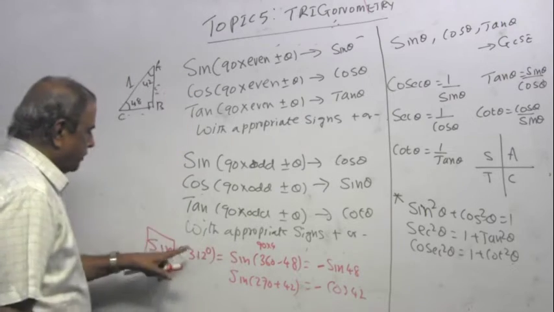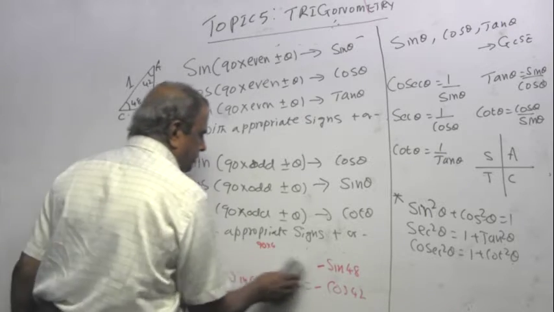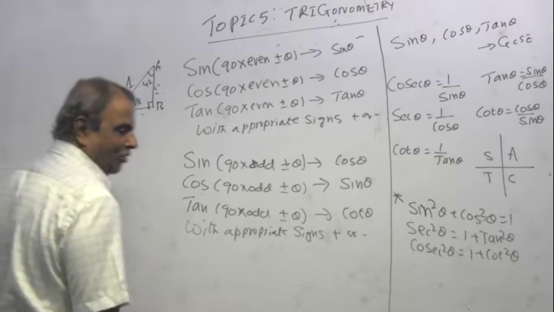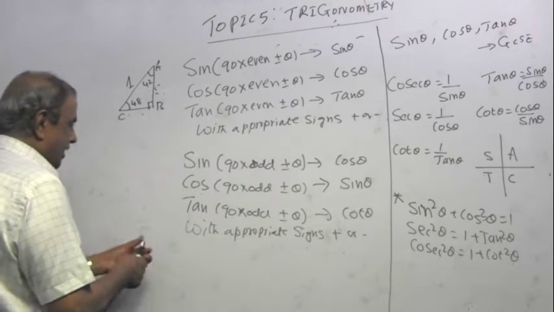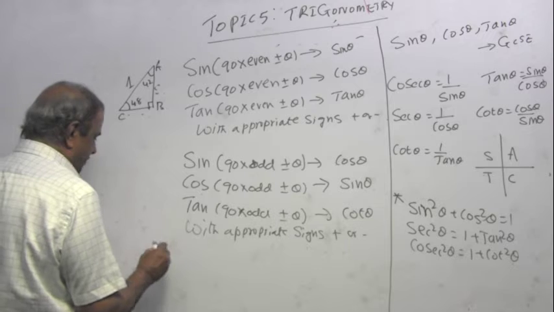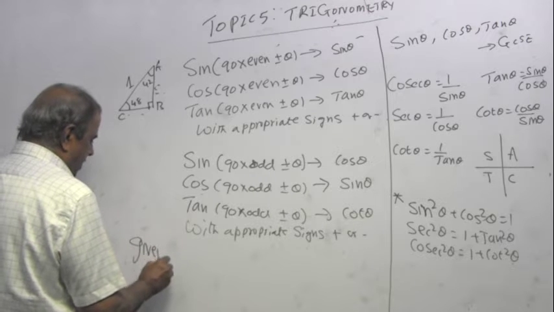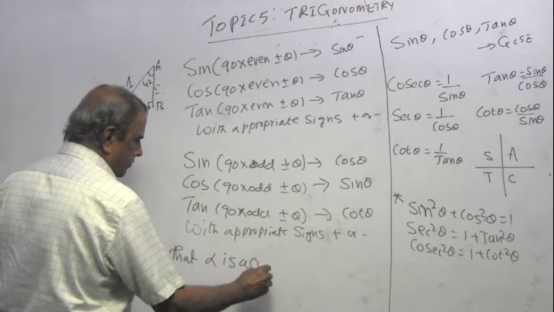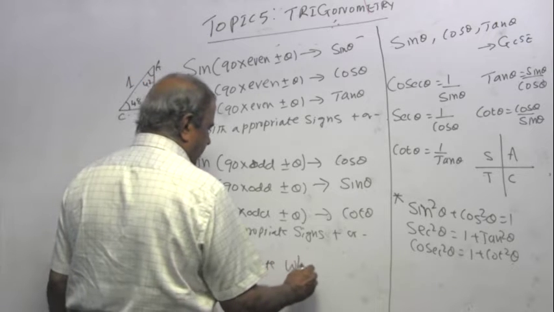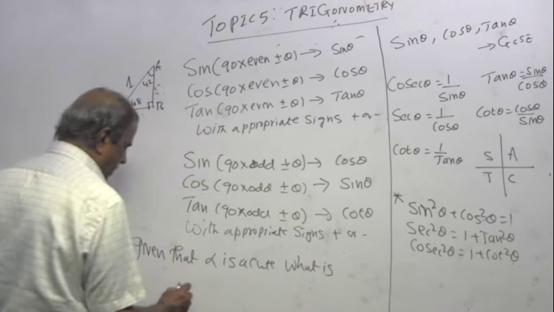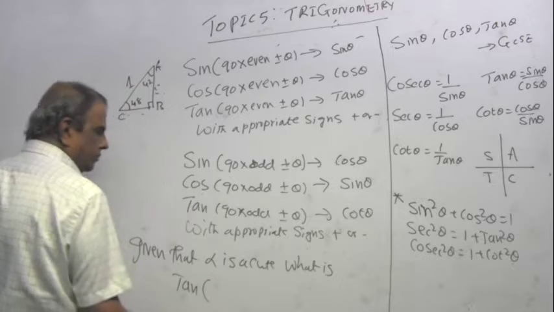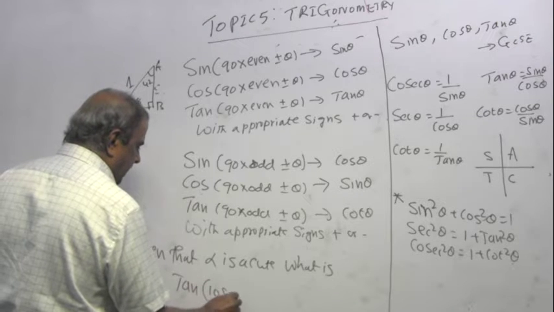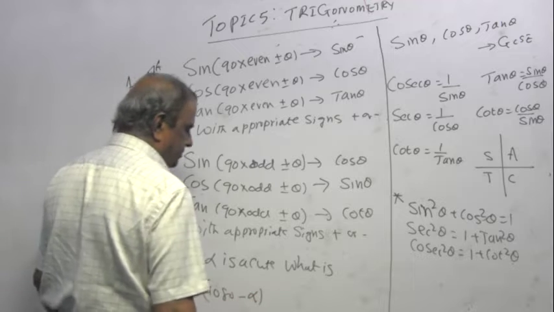I took a numerical example, but with questions like this you have a calculator. Why should I bother using all these formulas? Okay, somewhere it says simplify, given that alpha is acute, what is tan of 1080 minus alpha?